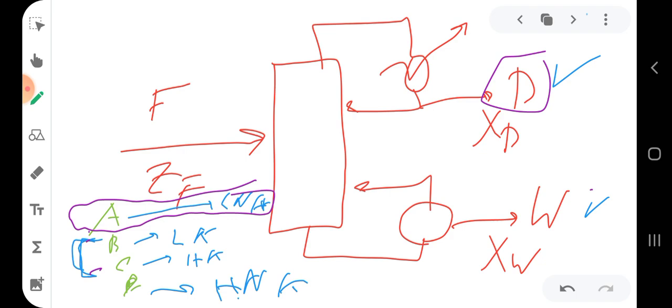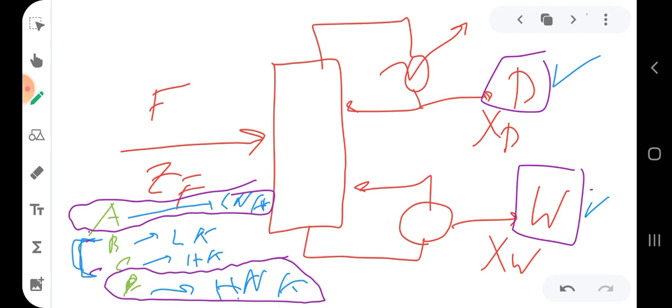This is just an assumption which is valid. The other assumption is that anything heavier than the heavy key component, with a relative volatility lower than that of the heavy key, will be drawn only as a waste product, and it will never be found in the distillate.